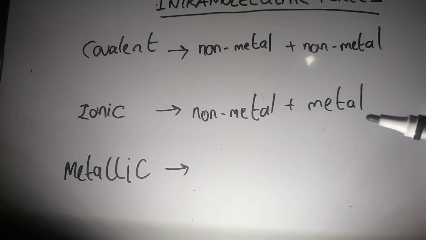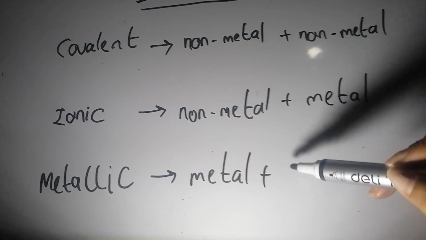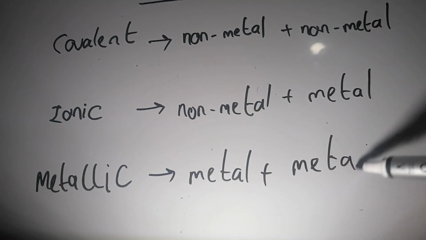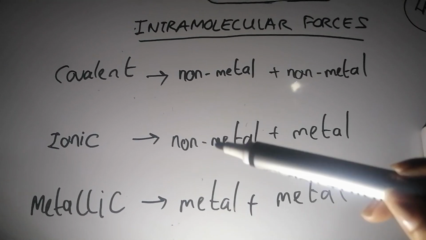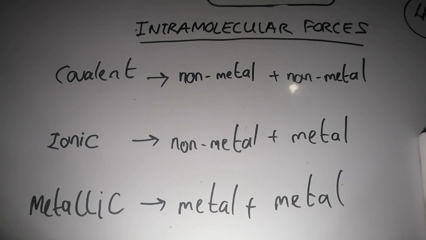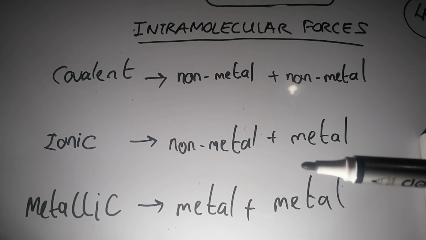And then metallic, obviously in the name, is a metal and a metal. We're not going to be working much with metallic or ionic in this section, but it's good for you to know. Metallic we don't ever work with. It's always between covalent and ionic.